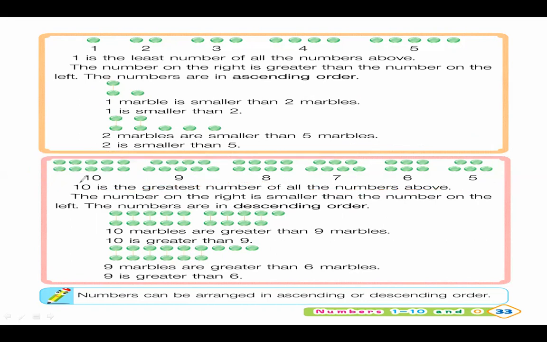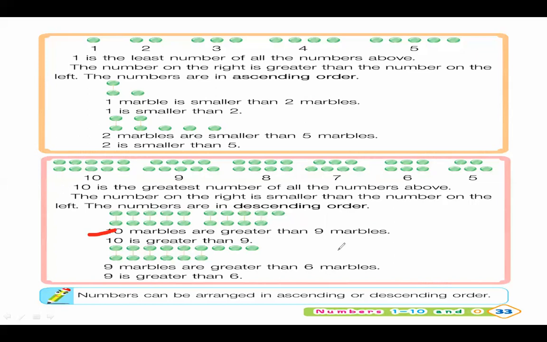So this is descending order, student, from biggest to lowest. 10, 9, 8, 7, 6, 5. So that is the descending order.